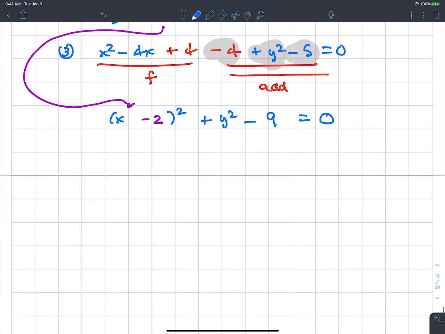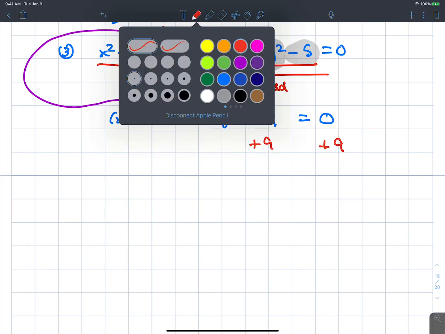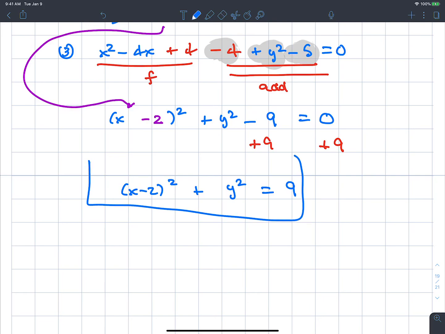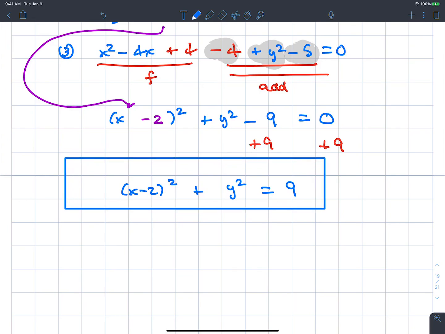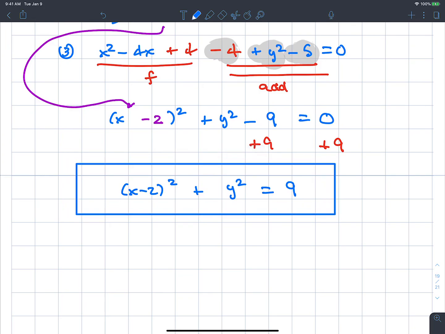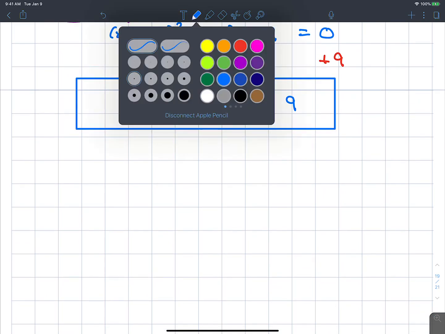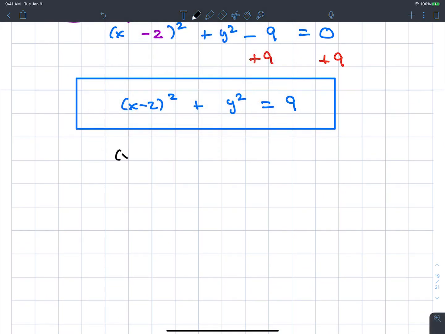So ladies and gentlemen, you're almost there. All you do now here is add the 9 to both sides. And just like the prior example, you have x minus 2 squared plus y squared is 9. This is the equation of a circle, because it's in general form, if you guys remember.